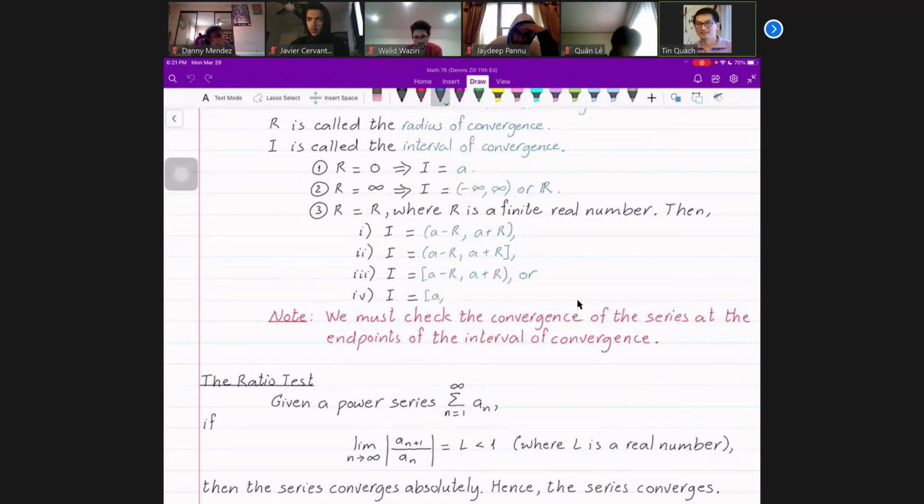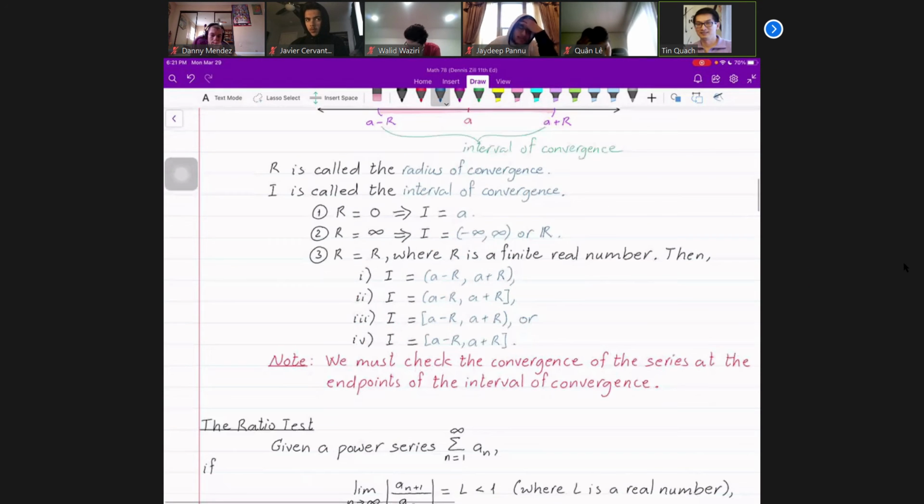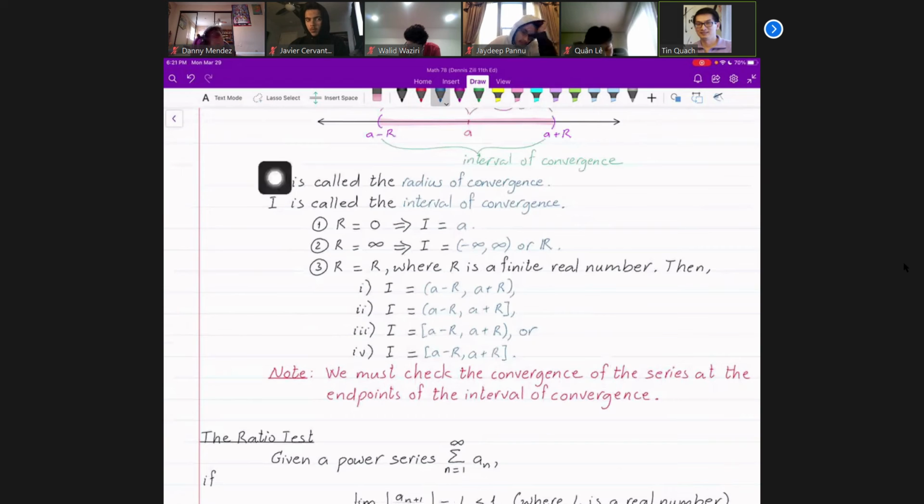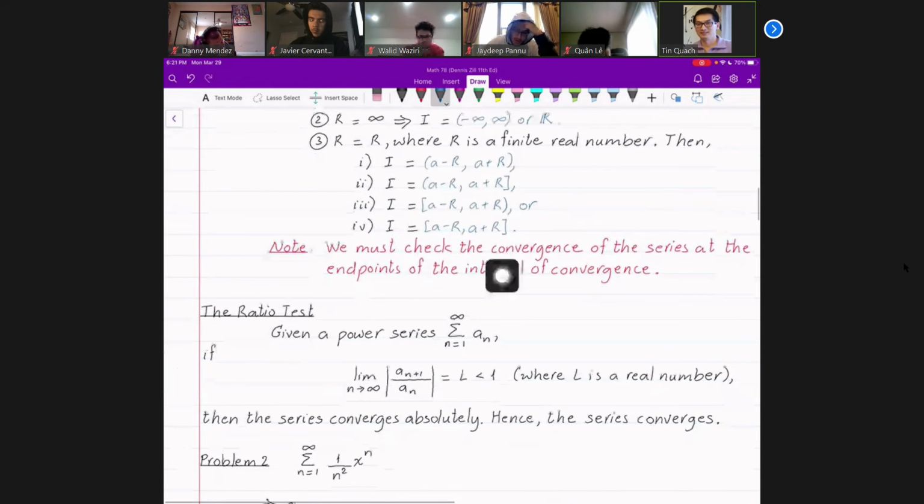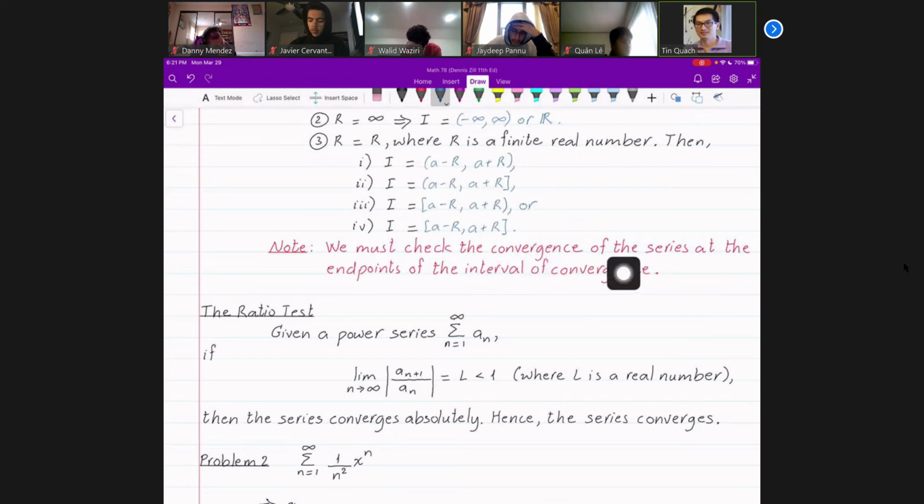And remember, what we are doing here is not differential equations, okay? This is something that you learned in calculus 2. So how do you know whether the interval of convergence includes the endpoints or not? Well, you need to plug each endpoint into the series and find out whether the series converges.